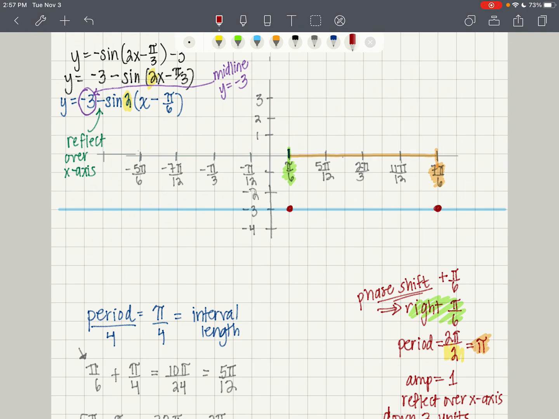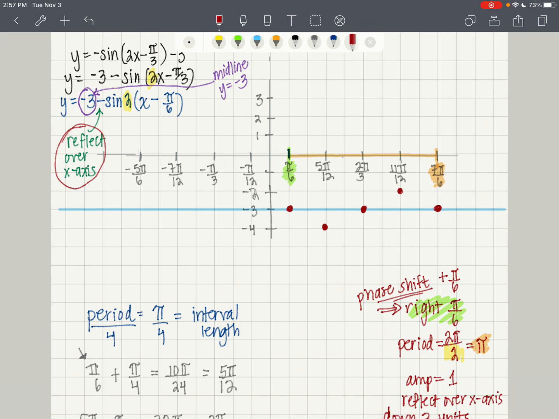So that's 4 intervals over. Halfway between, we're going to be at the midline. Normally between the first 2 midline dots, we're going to be at a maximum. But because we have that reflect over the x-axis, we're going to be at a minimum. So our amplitude is 1, so we go down 1 unit from the midline, and then between the next 2 dots, we'll go up 1 unit from the midline.